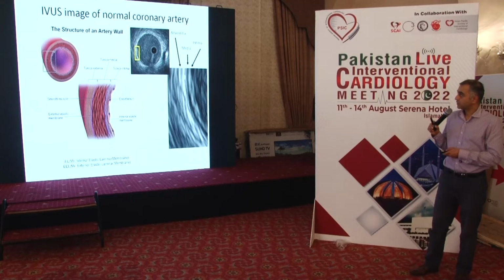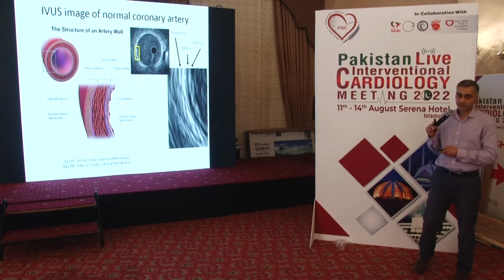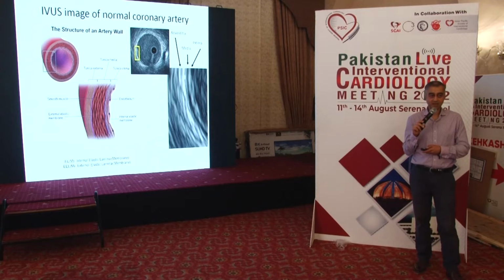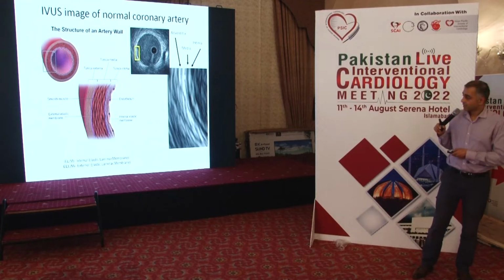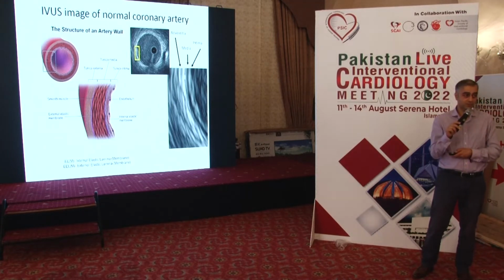Okay, so if you look at a normal coronary artery, you'll remember back from earlier days, the vessel basically consists of a trilaminar structure. So you've got your intima, you've got your smooth muscle cells, which is made up here of the media, and then you've got your deeper tissues, which is your adventitia. Now, the actual media itself obviously has an internal and external elastic membrane. That's important to know about, because this is what we use on the IVUS to do our measurements.